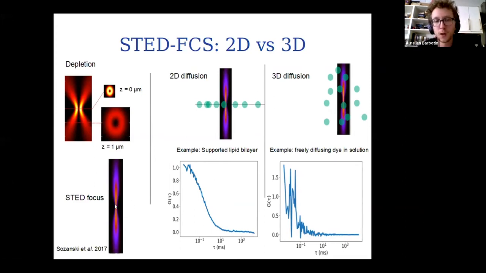It is very sharp at the focal plane, but exhibits low intensity contributions at the top and the bottom. This is absolutely not a problem when measuring 2D diffusion, like in cellular membranes, which is the most common use case of STED-FCS. But when measuring 3D diffusion, as you can see on the right, the out-of-focus background completely destroys the signal-to-background ratio, and measurements are compromised, if not impossible.